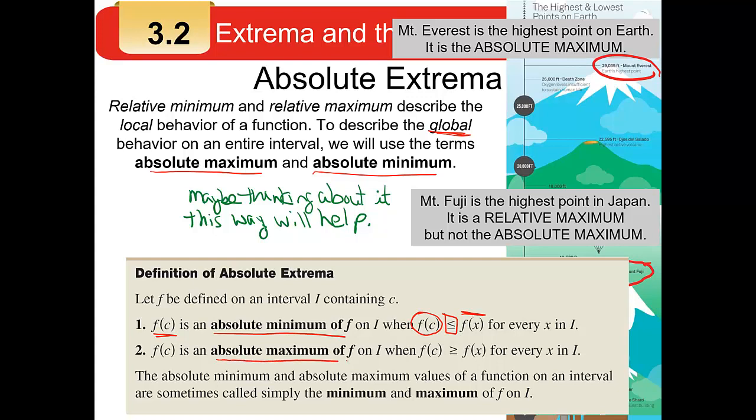And it's an absolute maximum, this function value at c, if the function value is bigger than every point in the whole domain of the function. So intuitively, you can see why this works.